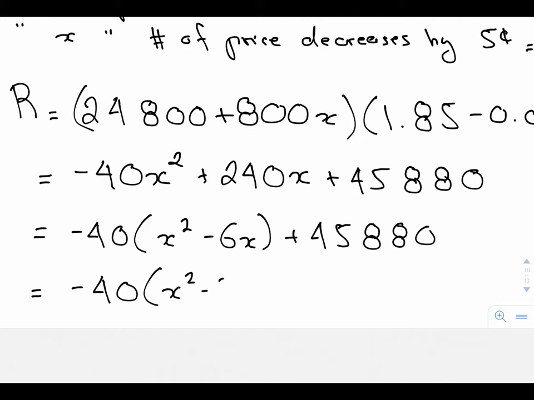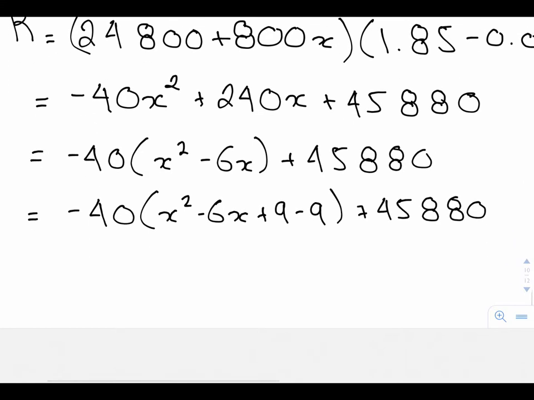Within the brackets, I am going to add 9 and subtract 9. That negative 9 at the end, I'm going to bring outside the brackets, and therefore I have to multiply it by 40. It's going to be positive.